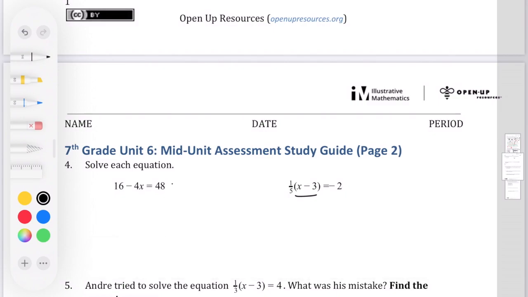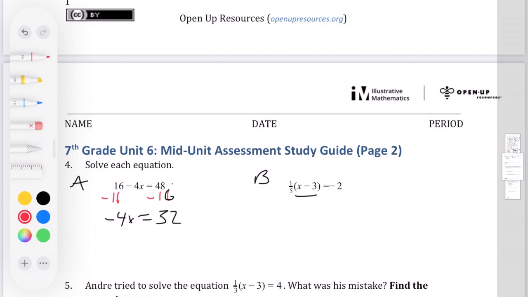Now, in our first one, we'll call this one A, and we'll call that one B. In A, we don't have any parentheses, so we could add or subtract right away. Well, we want to isolate the variable, so I'm going to get rid of this positive 16 by subtracting 16 from both sides. And I am left with a negative 4x is equal to 32.